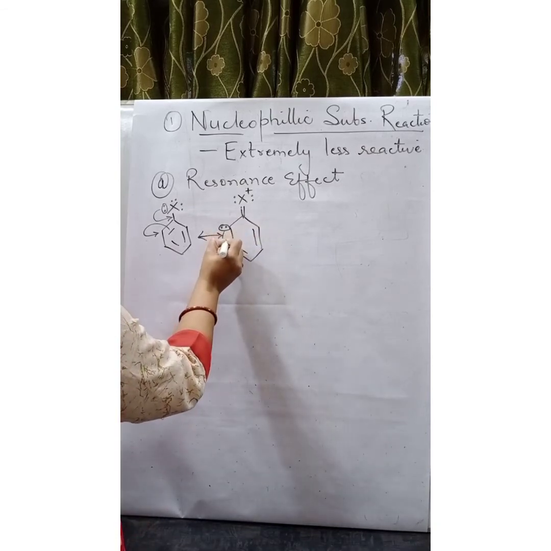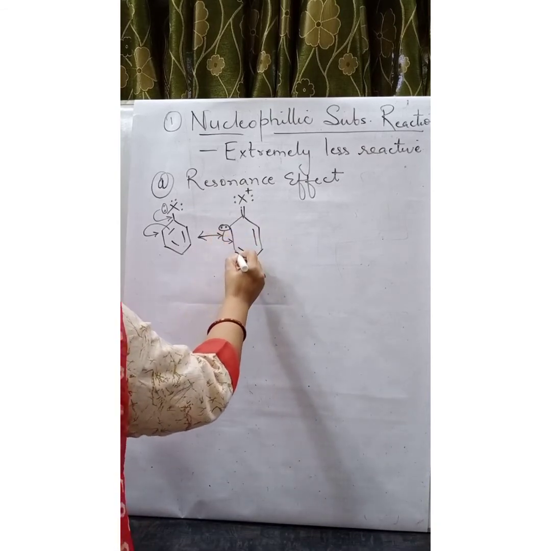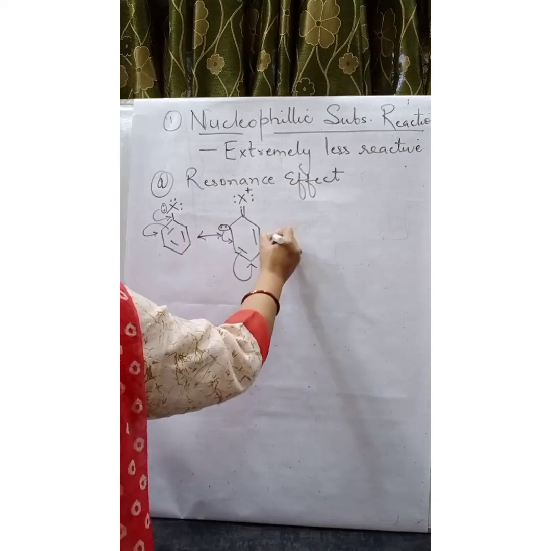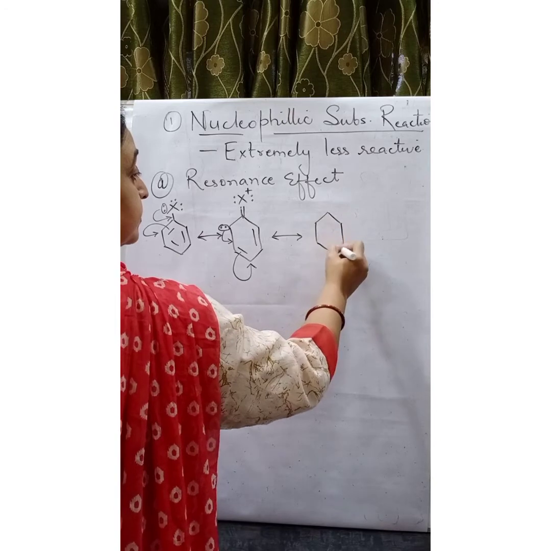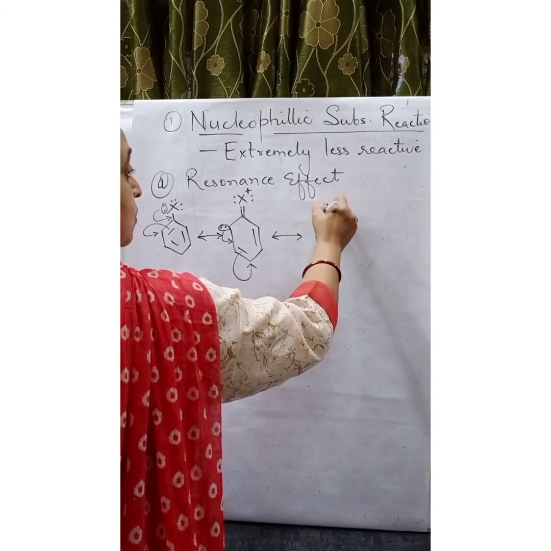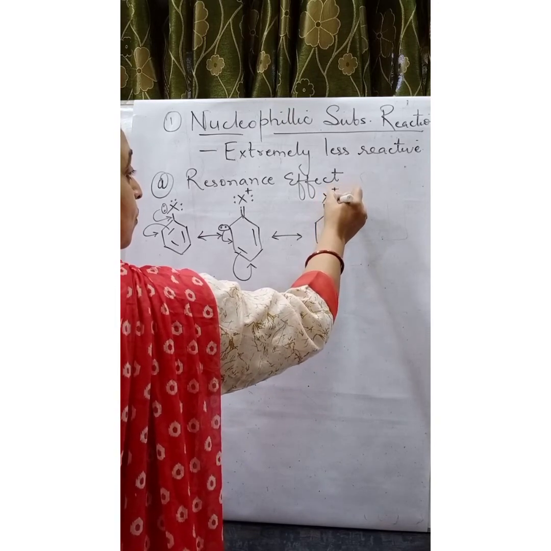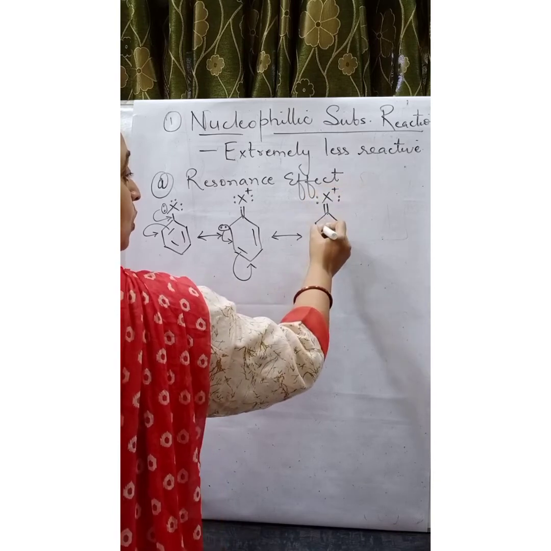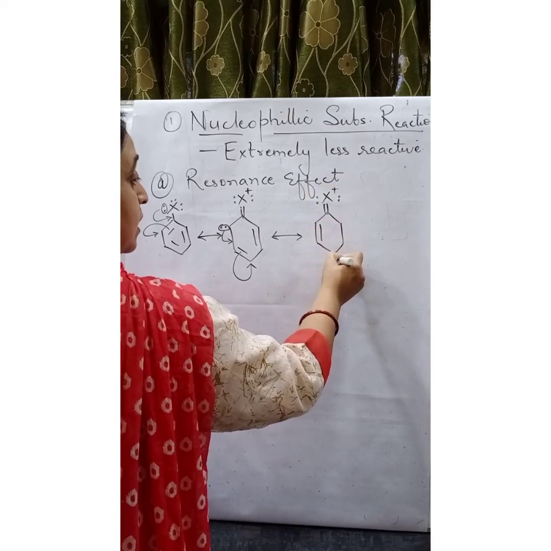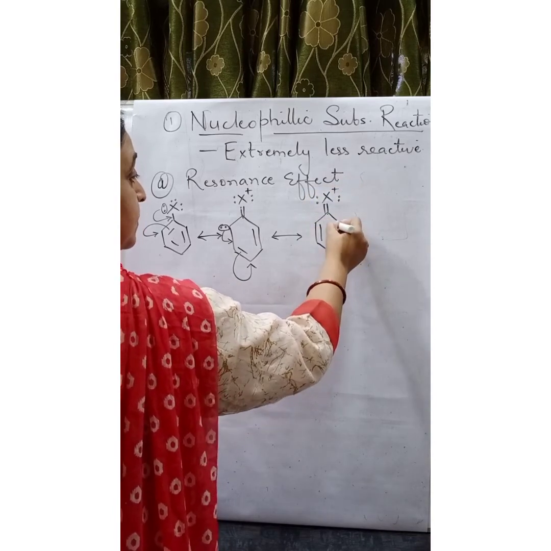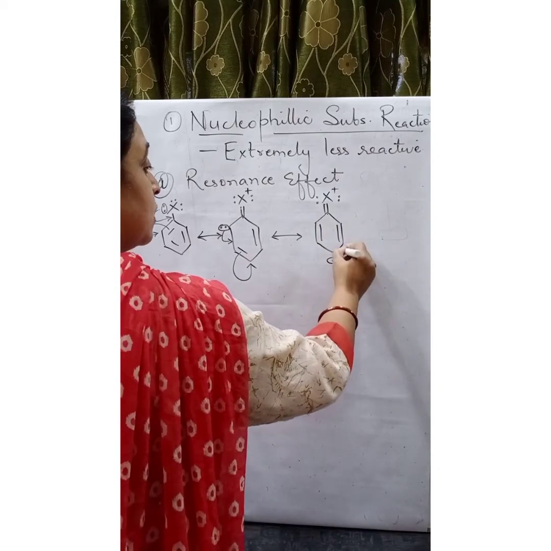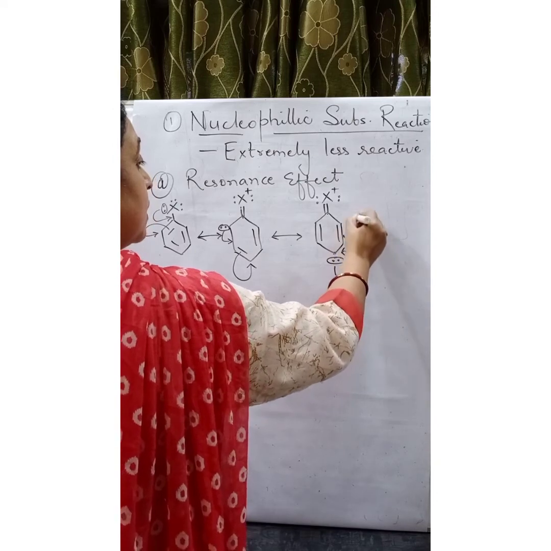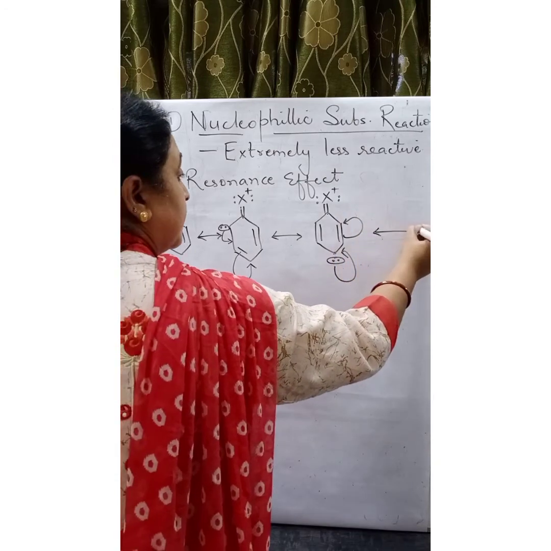Now this lone pair is going to form a bond here, so immediately the next bond will break and form a lone pair. So a bond is formed here, a lone pair is formed here, and the next bond is like this. Now again this lone pair goes on to form a bond, the bond breaks and forms a lone pair.